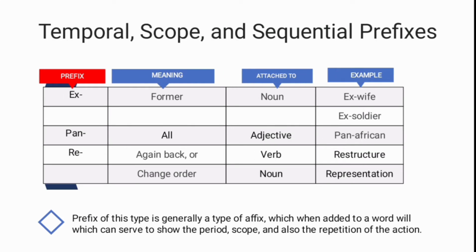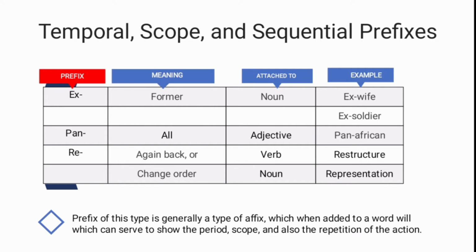The next is temporal, scope, and sequential prefixes. Prefixes of this type are generally a type of affix which, when added to a word, can serve to show the period, scope, and also the repetition of the action. For example, prefix "ex" dalam kata ex-wife dan ex-soldier dapat kita kategorikan masuk ke dalam temporal prefixes yang menunjukkan masa.